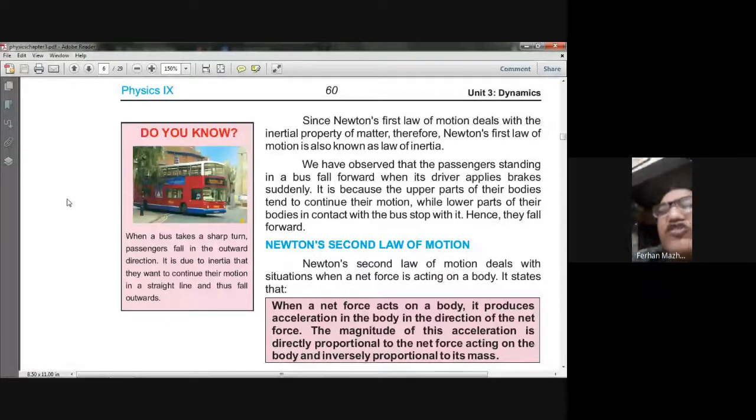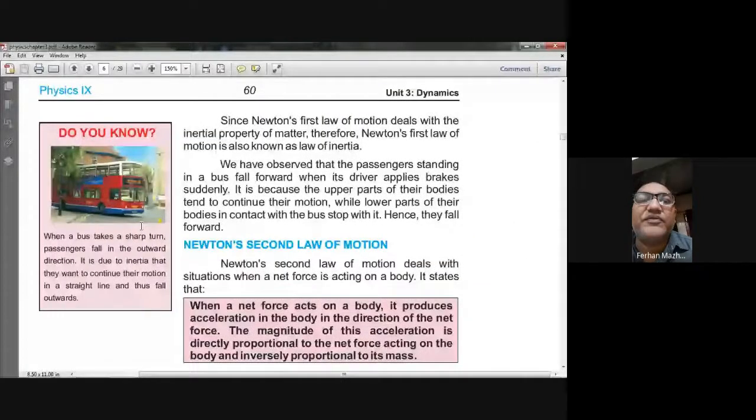So that was Newton's first law of motion, from chapter number 3 that we are studying. I think this is enough for today, because at 10 o'clock your lesson will be over. Today we have studied force, inertia, momentum, and then the first law of motion.